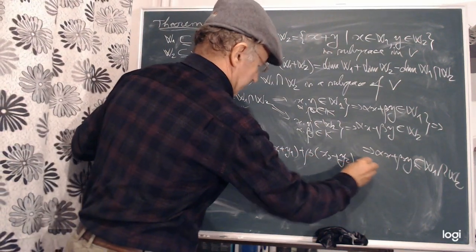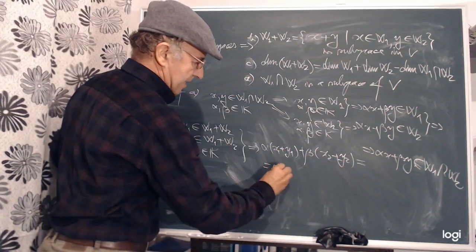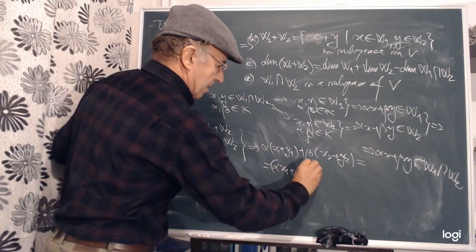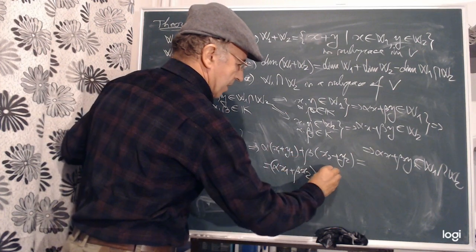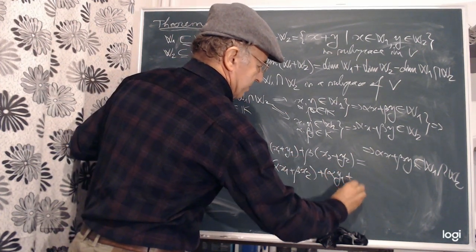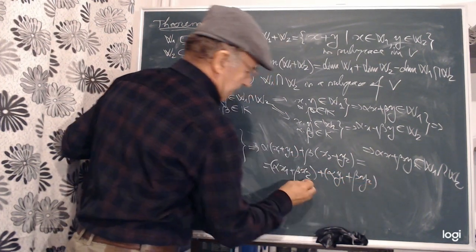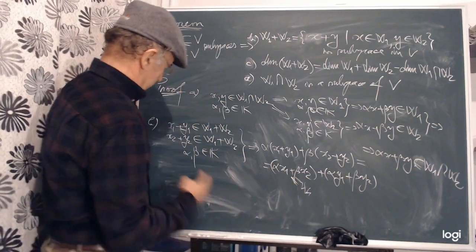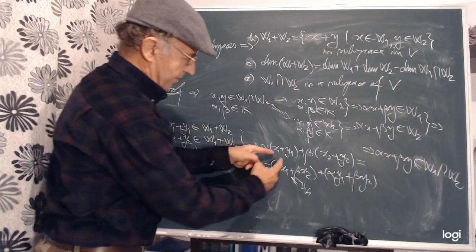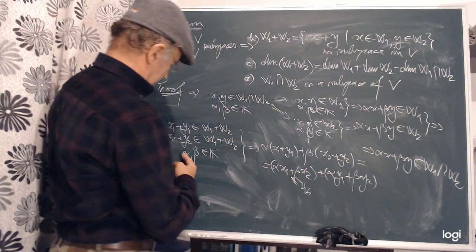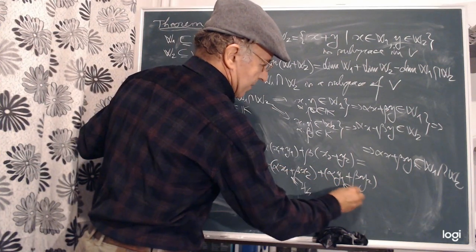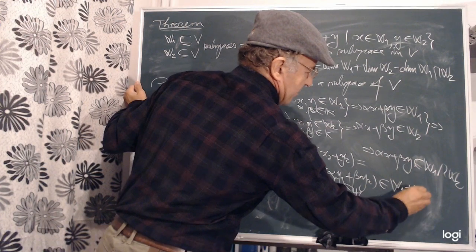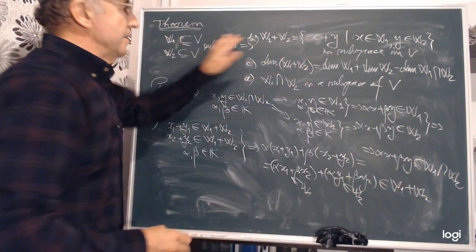This can be written as alpha x1 plus beta x2 plus alpha y1 plus beta y2. The first part is from W1, since x1 and x2 are from W1, and the second part is from W2. So this belongs to W1 plus W2, so this is a subspace.